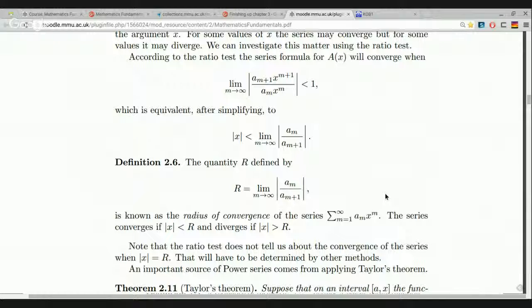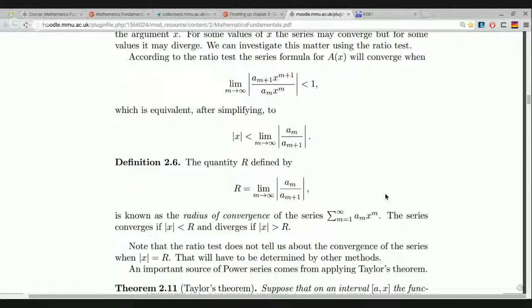This limit is called R, called the radius of convergence. It's discussed there. So in general, this is the feature that the power series converges inside here, converges here, but diverges outside. So there's a neighborhood around 0 where the power series will converge.